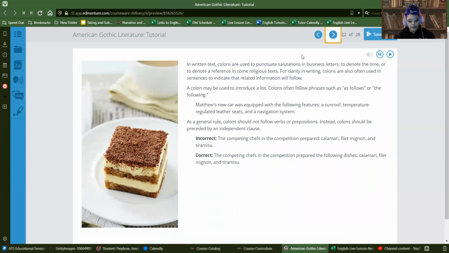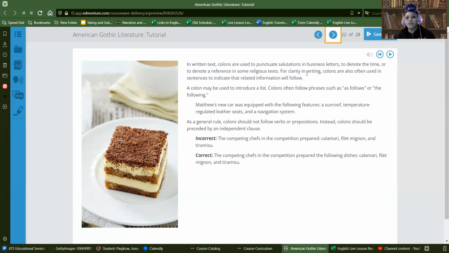Now they give you some other examples here about the rules where you use colons. So it says in written text, colons are used to punctuate salutations in business letters, to denote the time, or to denote reference in some religious texts. So what they mean, salutation in business letters, when you say to whom it may concern, colon. So you're letting them know this message is to whoever it might concern.